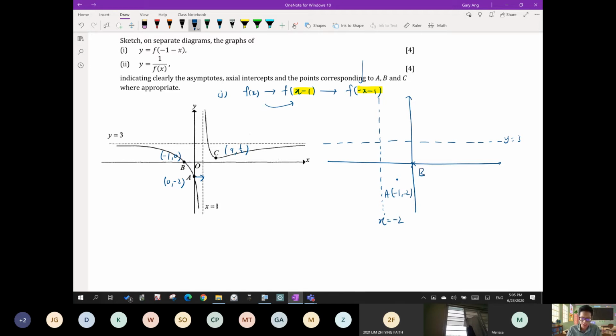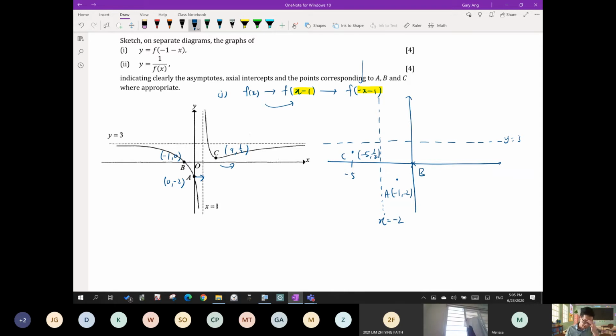C is at 4, so 4 moves forward to become 5, and 5 flips to become minus 5. Minus 5, half, somewhere here. Now you've got all the coordinates correct already.